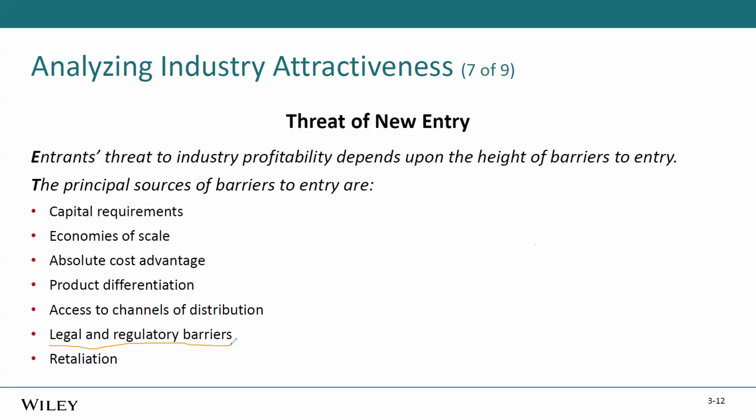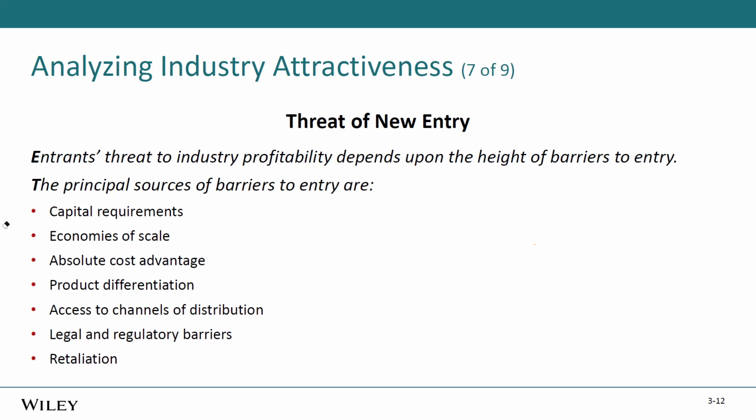And in fact, increasing environmental legislation has driven out a lot of smaller producers and tended to favor the biggest companies who can afford to be compliant and have the legal resources and the technological resources and the staff resources to comply with environmental legislation.